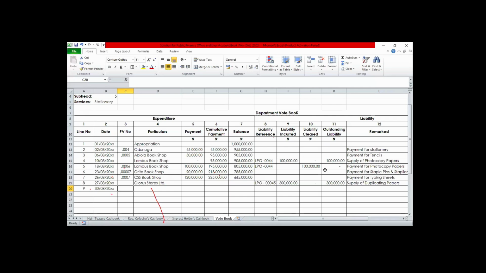Now, what is the PV number for that transaction? PV number 0008. What was the name of the organization that supplied? Dozy Bookshop. How much did we pay? 300,000. Cumulatively, 300,000 plus the previous.